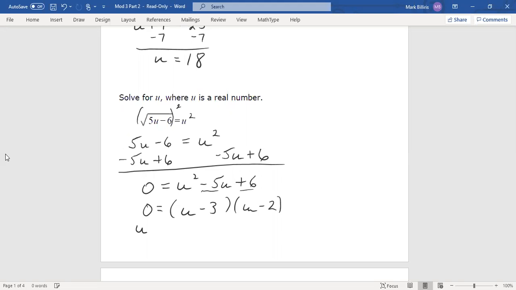So next, we set each factor to 0 and solve. Here we add 3 to both sides, so u would equal 3. In the second one, we add 2 to both sides, so u would equal 2.